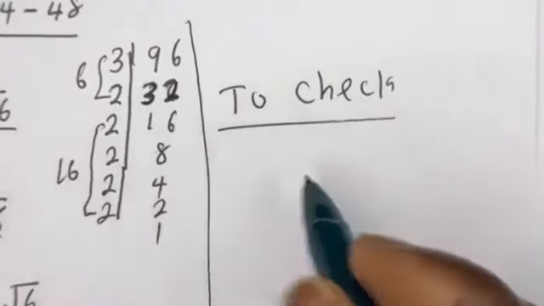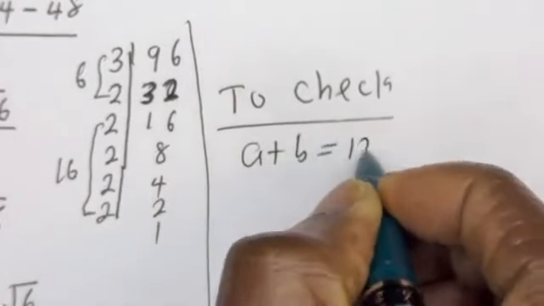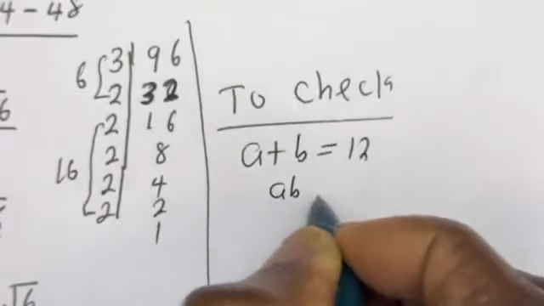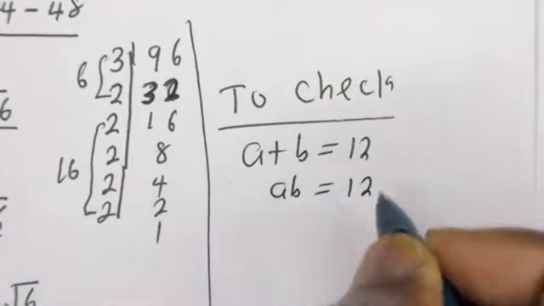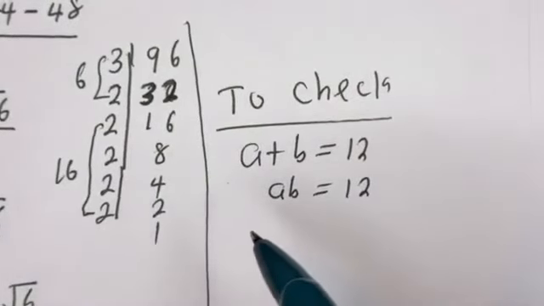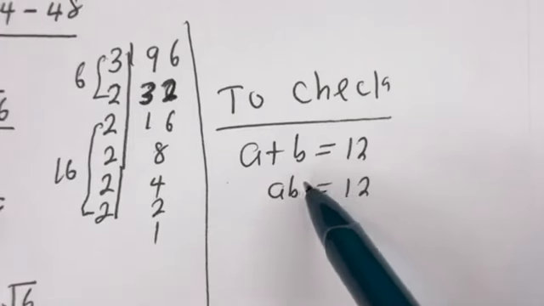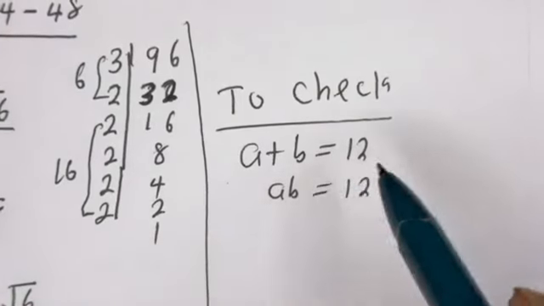To check, we have the given equations A plus B equal to 12, AB equal to 12. Now, when A1 is 6 minus 2 root 6 and B1 is 6 plus 2 root 6, we can check using any of these, but let's use A1, B1. We may also use A2, B2.